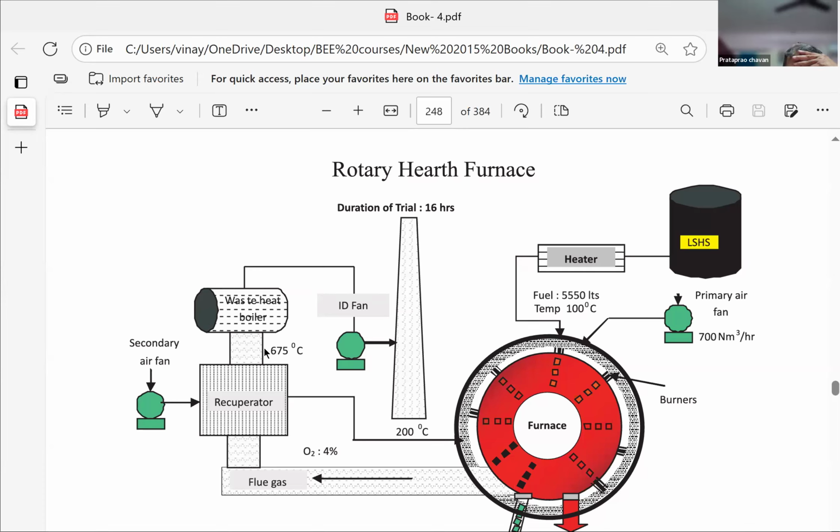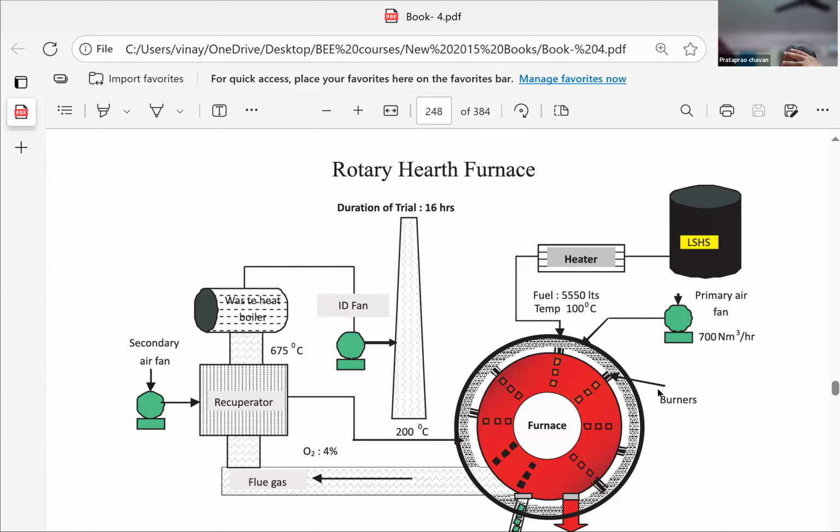That means this temperature gas is used as a fuel in this. It doesn't burn here, but it will impart its heat for water converted into steam. And this is a steam generator. It's a waste heat boiler. Then outlet of these temperature gases may be hardly 200 or 250 degrees centigrade. Through the ID fan, it will go to the atmosphere.